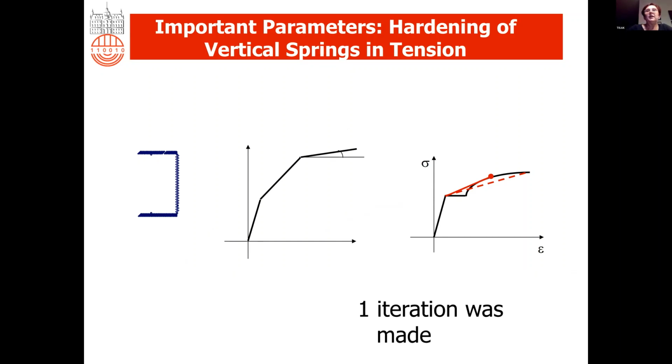One additional thing that was necessary was to define the strain hardening, which depended on the strain hardening of the steel.